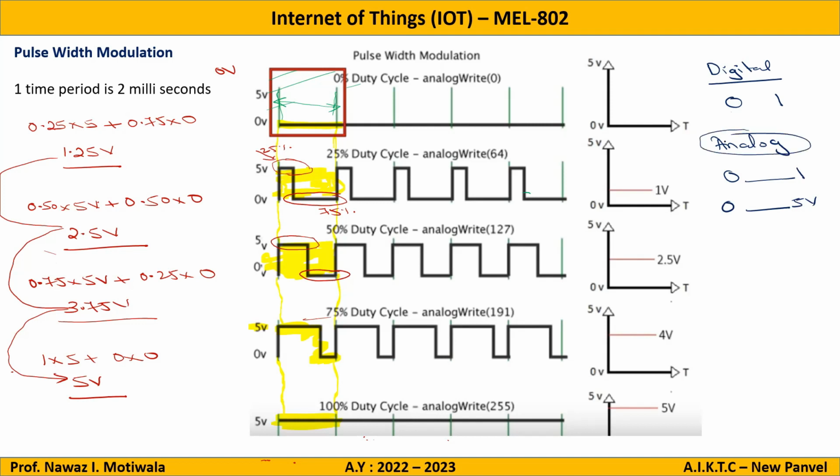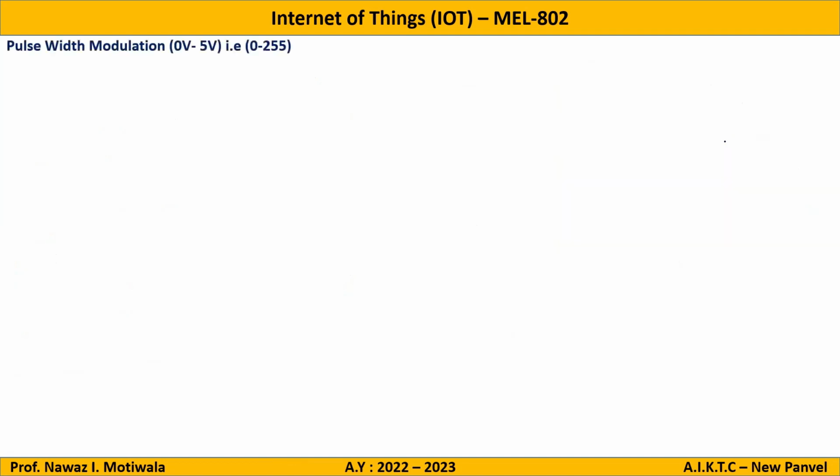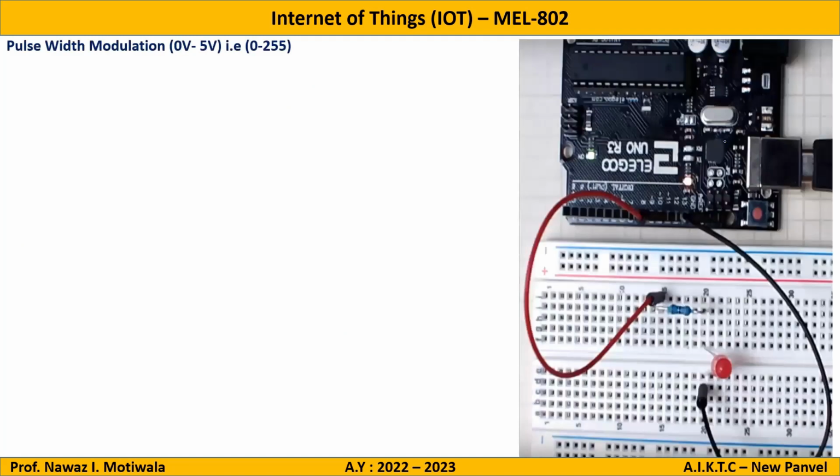Now let us start with the programming part. So here it is, the circuit. One more thing to be observed is, when we talk about pulse width modulation, you cannot attach to any of the digital pins. Here you can attach only on these pins: pin number 11, 10, then here it is 5, 6.